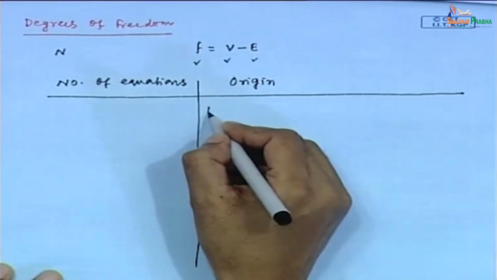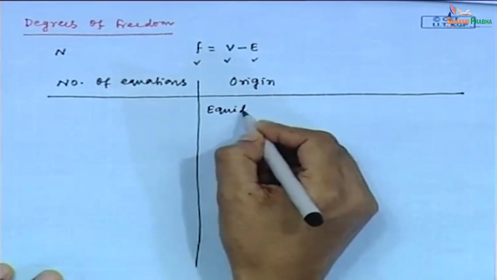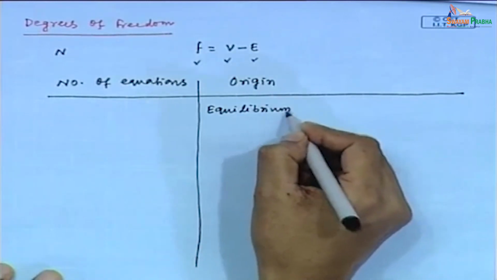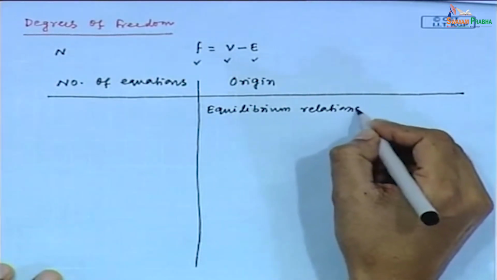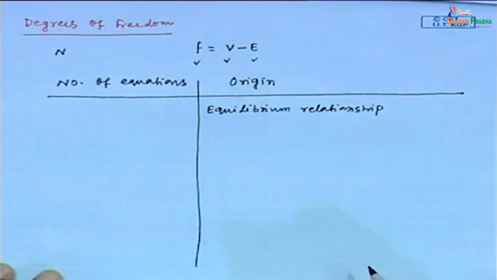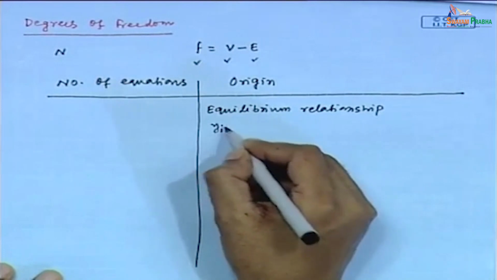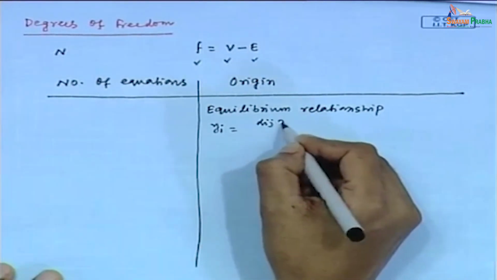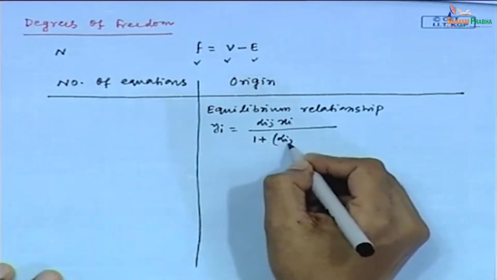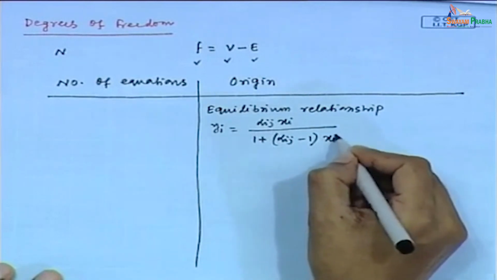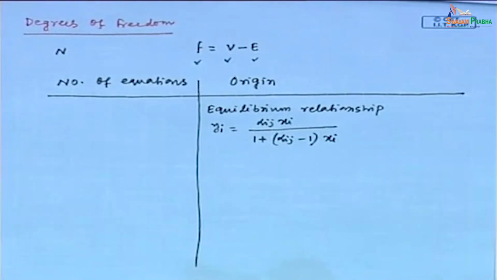So, first one is the equilibrium relationship. What is the equilibrium relationship we have considered for the example column? That is yi equals alpha ij xi divided by 1 plus alpha ij minus 1 into xi. So, how many y do we need to calculate?